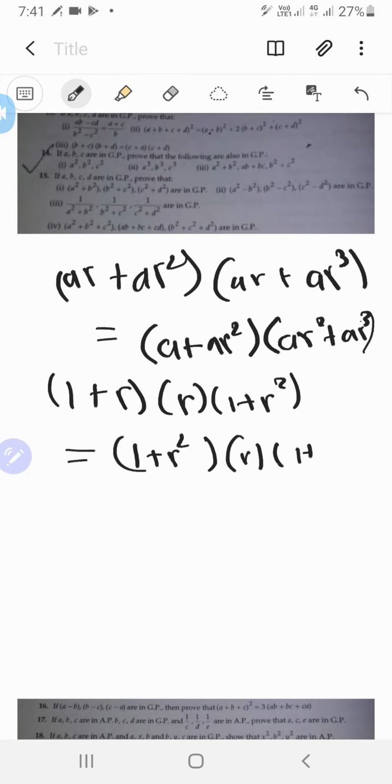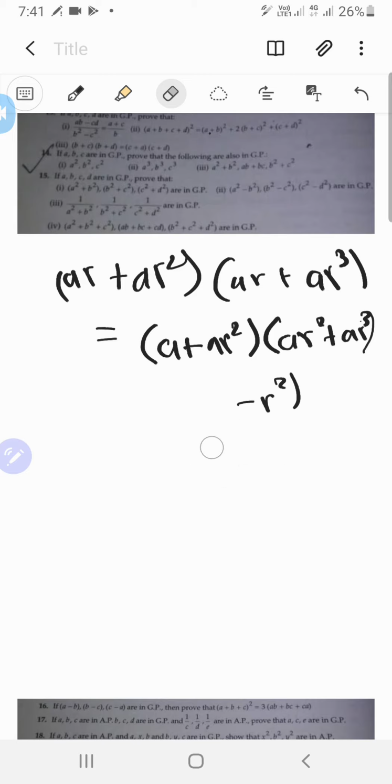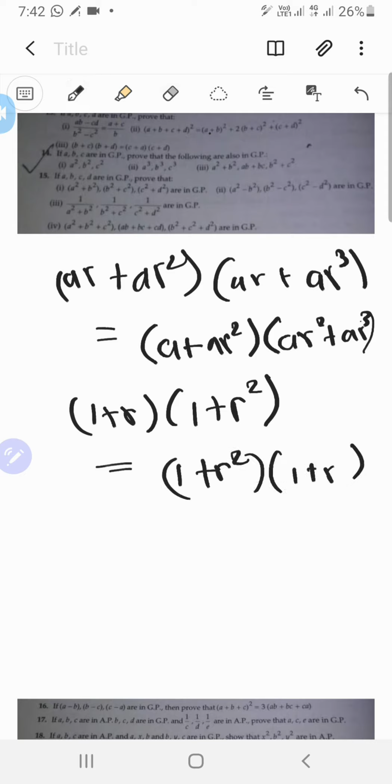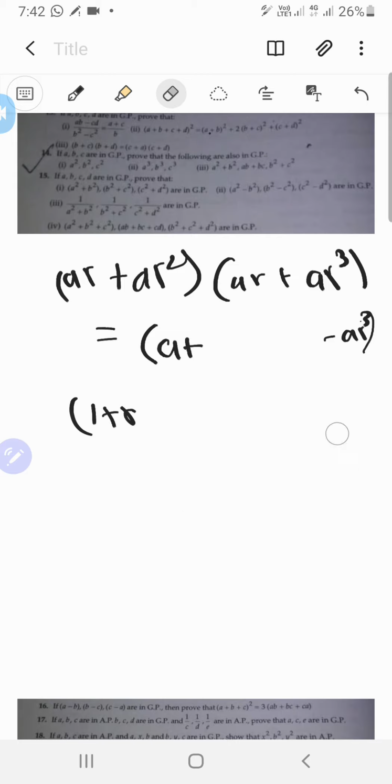Actually, instead of removing an r, you just remove the whole r squared from both the sides. So divide both sides by r squared and also by a. That will give me 1 plus r into 1 plus r squared equals 1 plus r squared into 1 plus r, which is correct. Yes, so this is also a good equation, perfectly correct. Let's go to the next question.